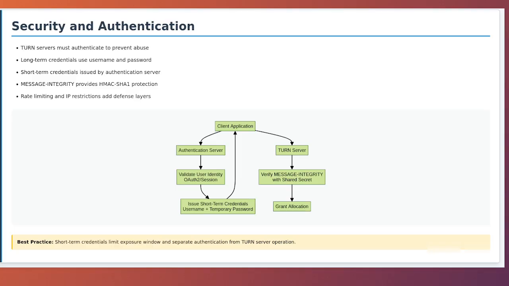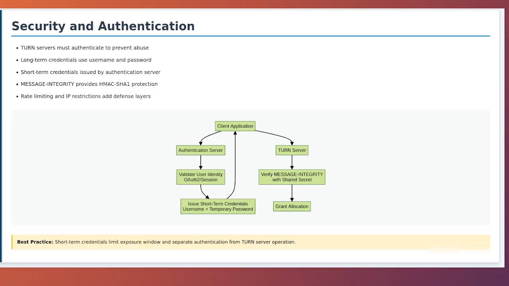Long-term credentials use a simple username and password authentication scheme where the client proves knowledge of a shared secret. The password is never sent in clear text. Instead, it is used to compute an HMAC-SHA-1 hash of the message content, which is sent in the message integrity attribute. The server verifies this hash using its own copy of the password.